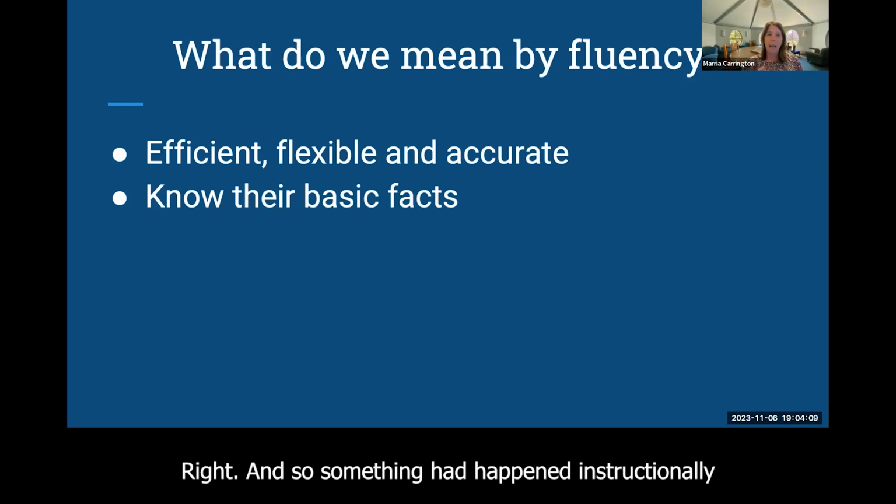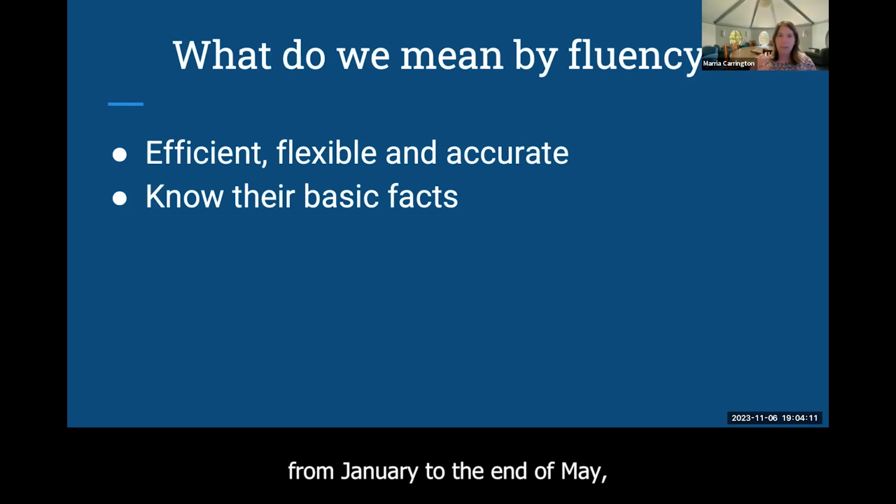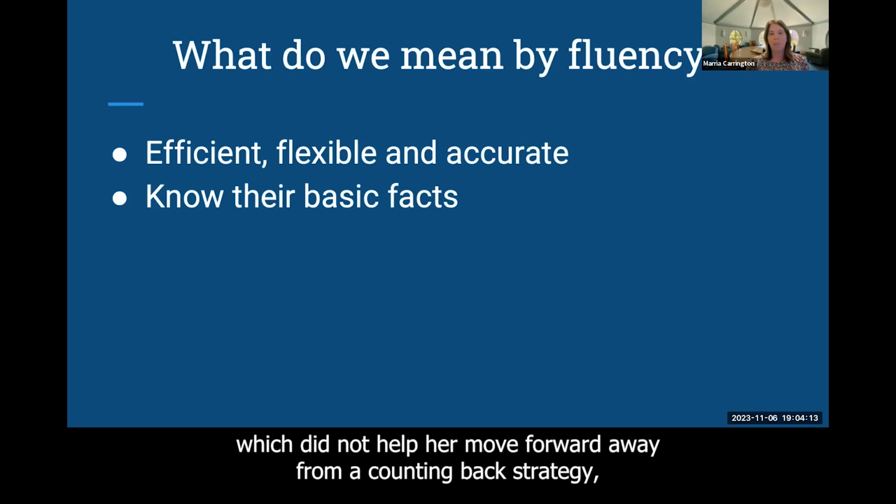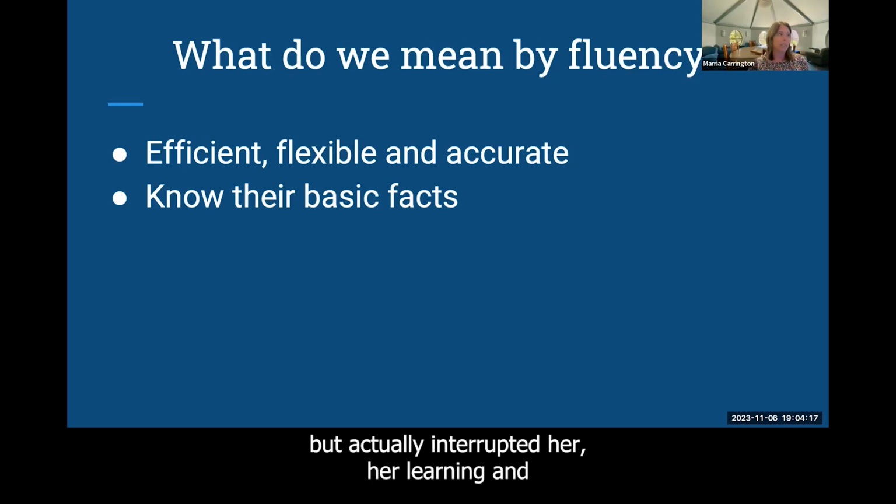And so something had happened instructionally from January to the end of May, which did not help her move forward away from a counting back strategy, but actually interrupted her learning and is now doing the algorithm on a problem that the algorithm helps you in no way whatsoever.